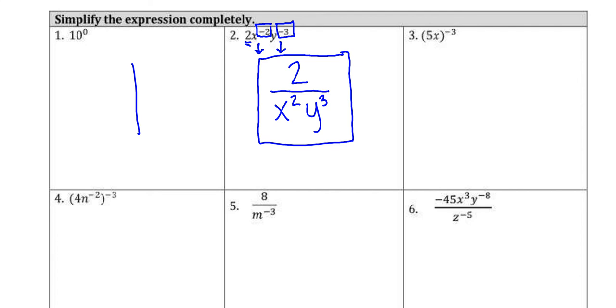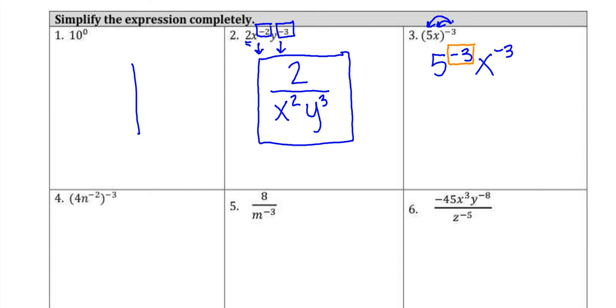Okay. So now in number 3, we're going to apply what we already know. We're going to be multiplying our exponent inside. So I'm going to end up with 5 to the negative 3 and x to the negative 3. Hopefully we realize that both of our exponents here are negative because we distributed a negative exponent.